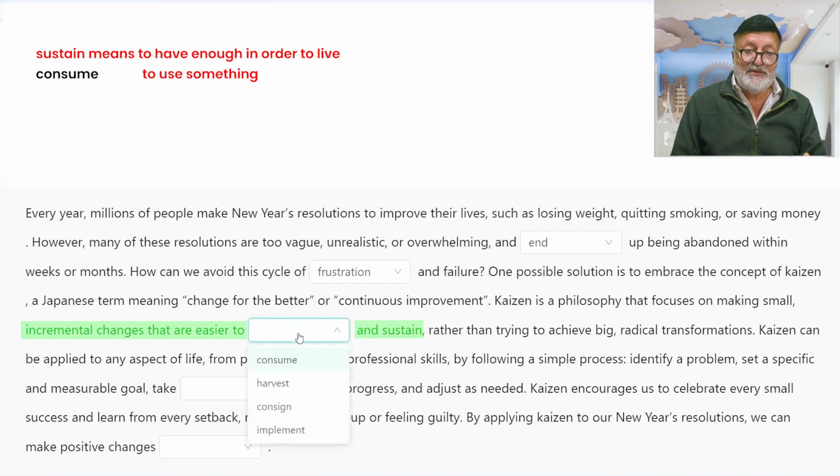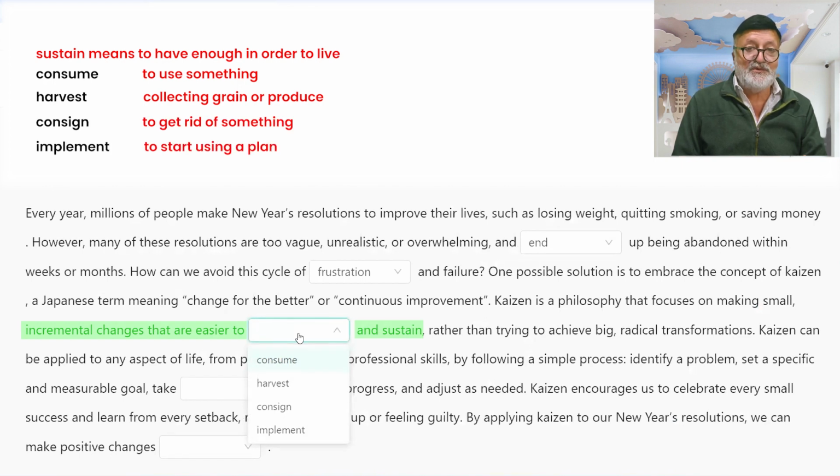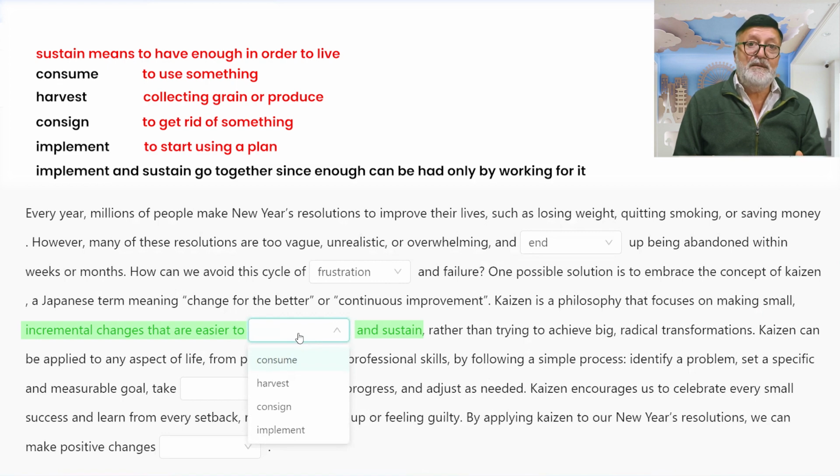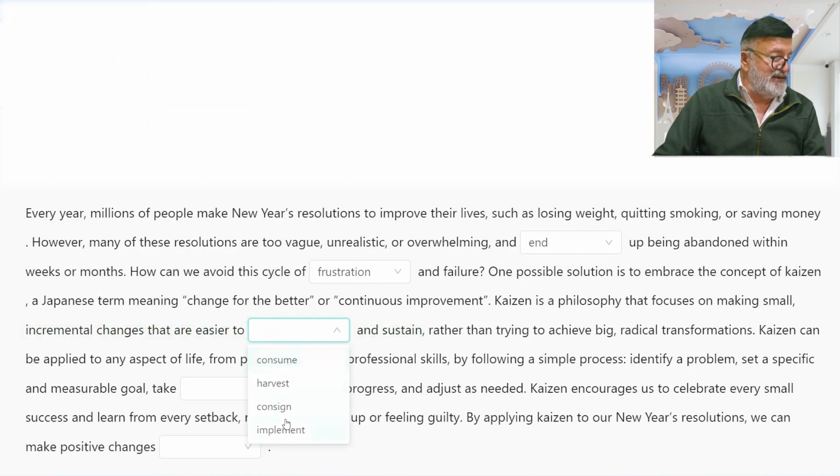Consume means to use something. Harvest means collecting grain or produce. Consign means to get rid of something. And implement means to start using a plan. Implement and sustain go together since enough can be had only by working for it. Therefore, implement is the right answer.